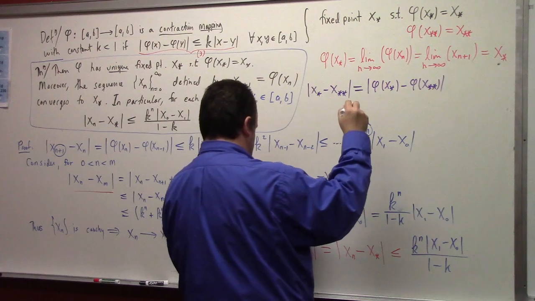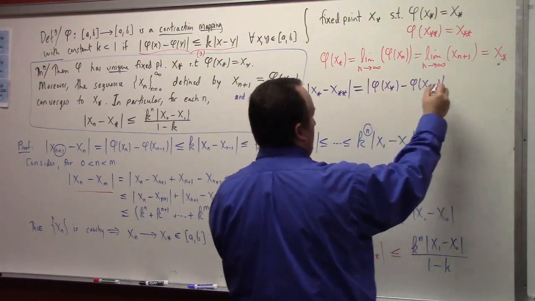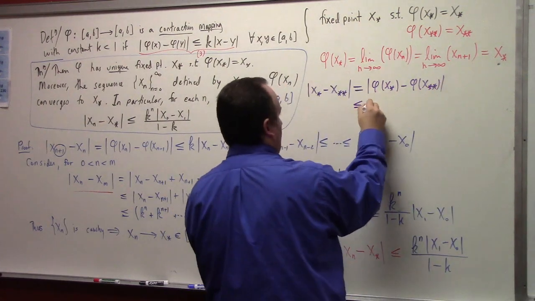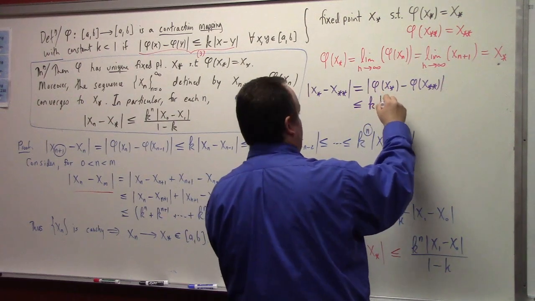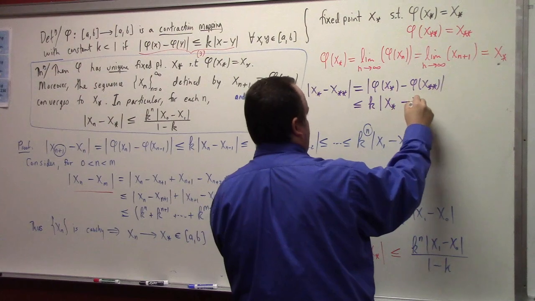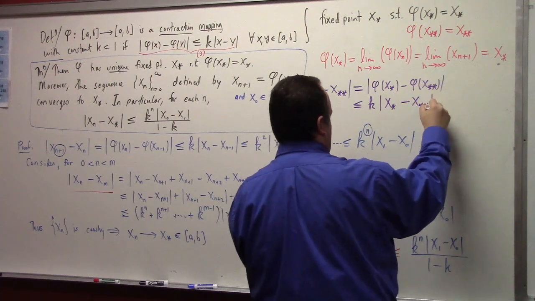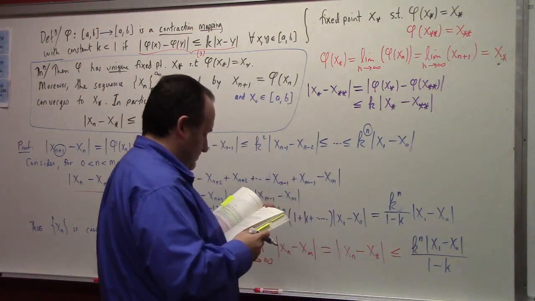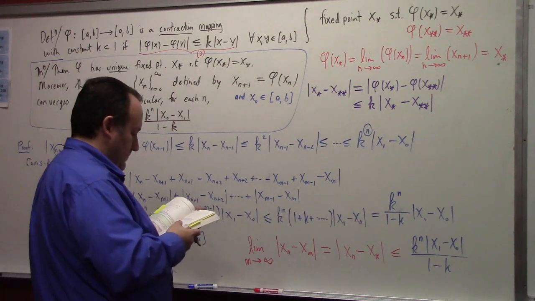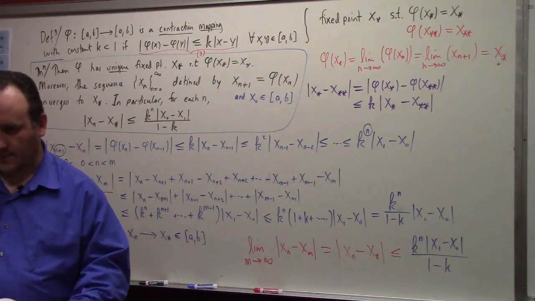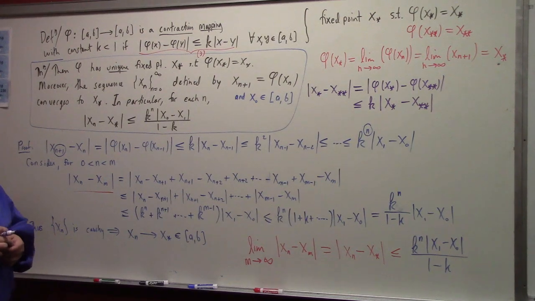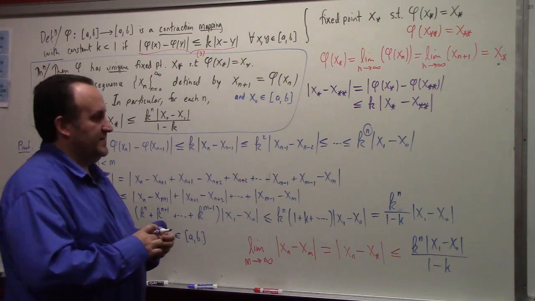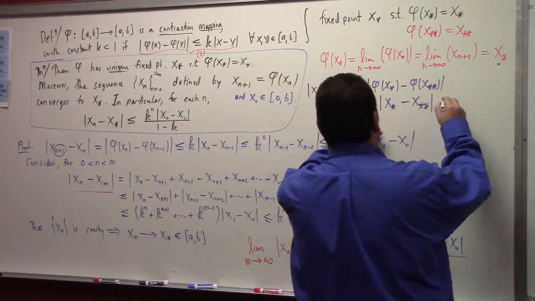But that would be less than or equal to k times the absolute value of x star minus x star star. Why does that prove they're unique? See, k is what? Less than 1.